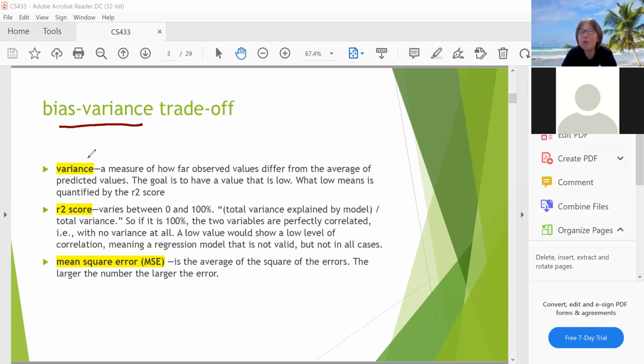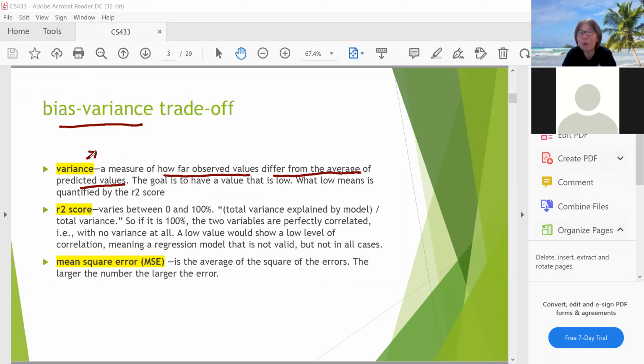And the variance, it's basically the spread of the data set. It's a measure of how far the observed value is going to differ from the average of the predicted values.